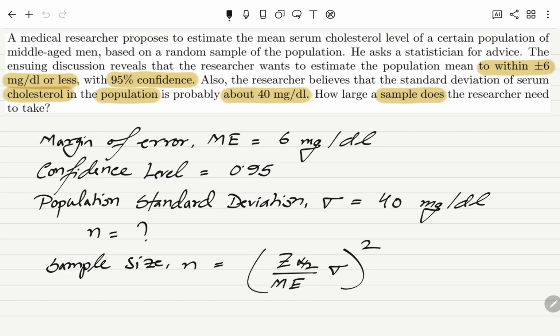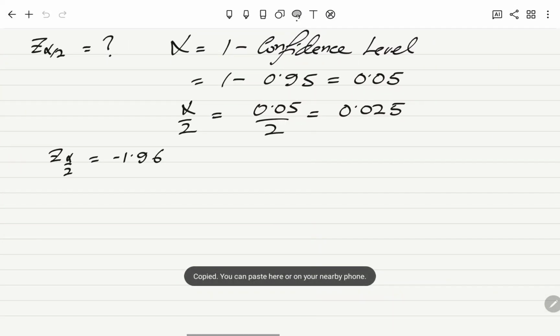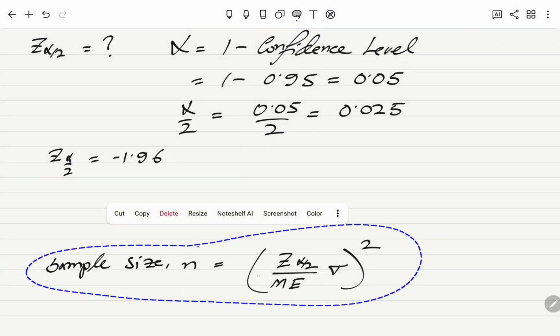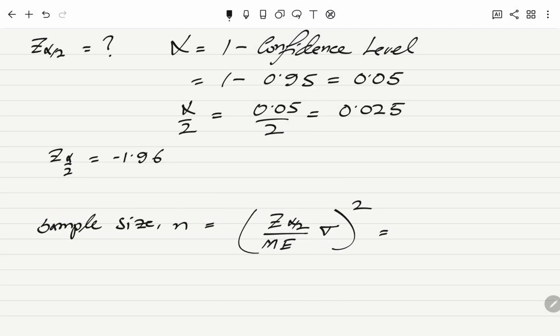So now it's just putting it into the formula for sample size. So this is going to be, now I can take the negative or not, but because I'm going to square it anyways, the negative is going to go away. So I'll just write 1.96 over margin of error, which was 6, times sigma, all of it squared.